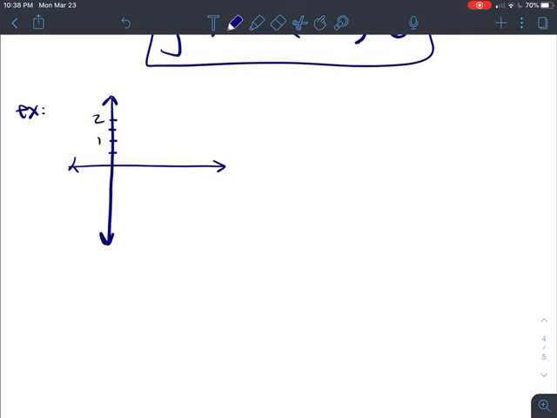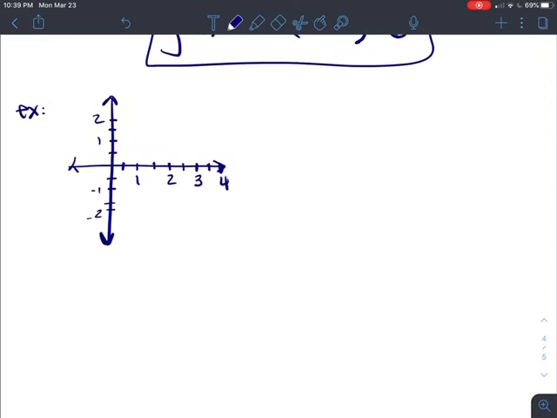So 1, 2, 1, 2, 3. Okay. And then we'll put 4 right here. And then negative 1, negative 2. Okay.